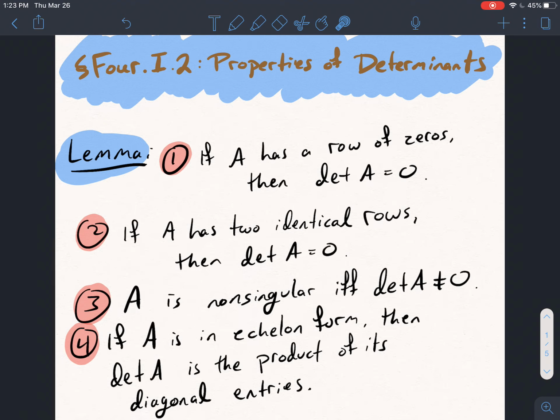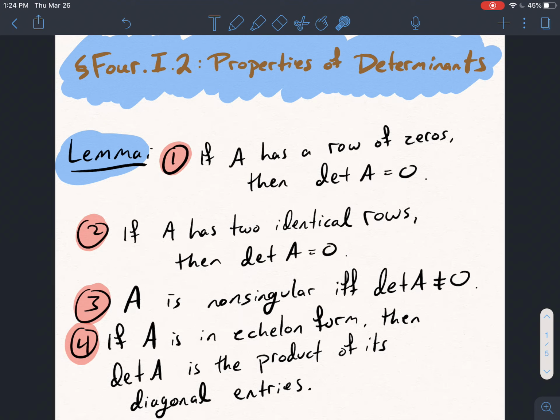And this is especially useful because it is a fact that there are row operations taking A into an echelon form matrix, where specifically those row operations, we can choose to avoid multiplying rows by nonzero scalars.